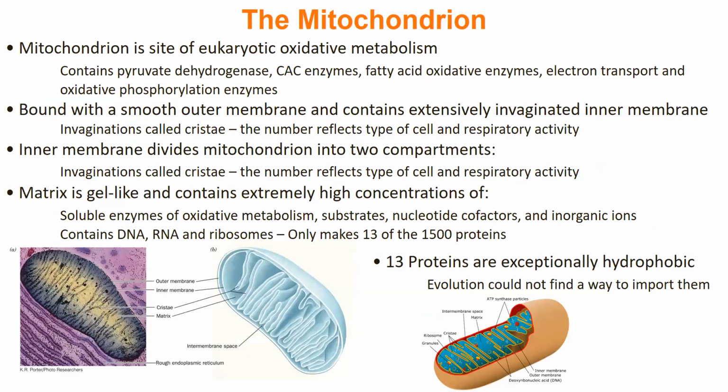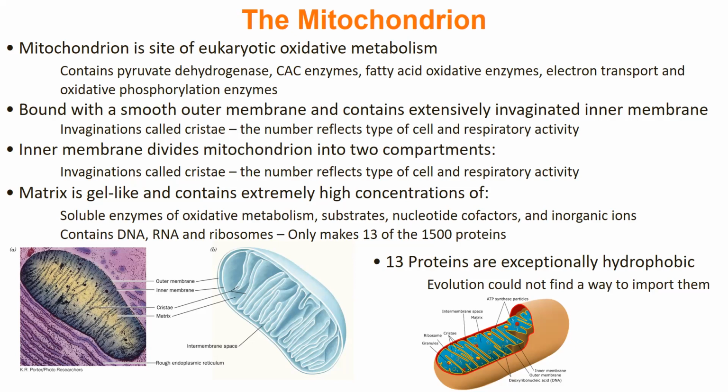First, let's talk about our friend mitochondria. This is where all of our oxidative metabolism is going to happen. It contains such favorite enzymes as pyruvate dehydrogenase, all of your citric acid cycle enzymes, enzymes for fatty acid breakdown and synthesis, all your electron transport chain enzymes, and other oxphos enzymes.